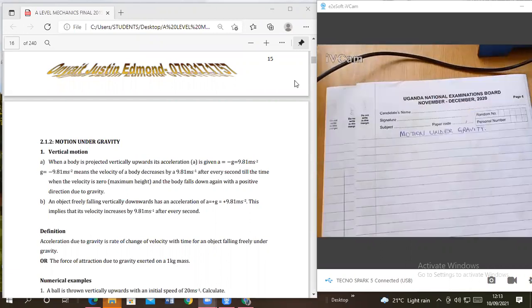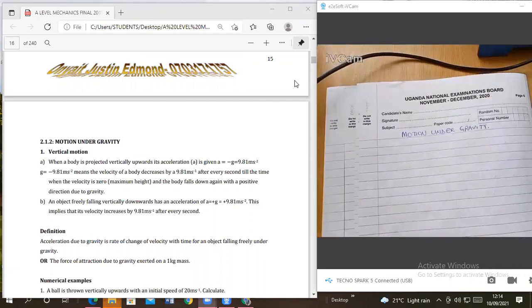What do you still recollect from what you have learned from O-level physics? What comes into your mind?